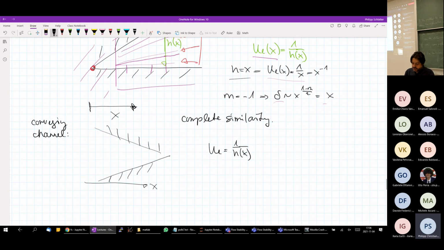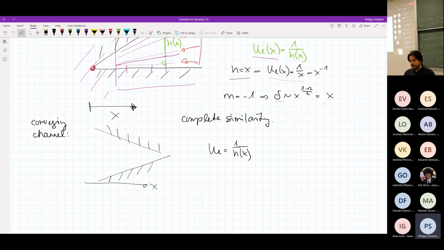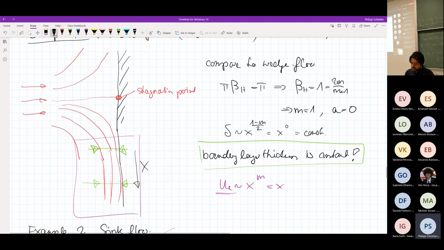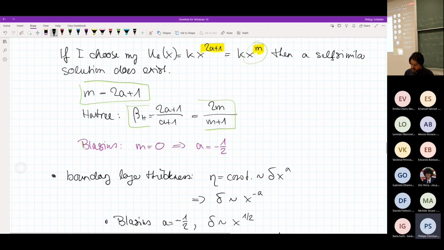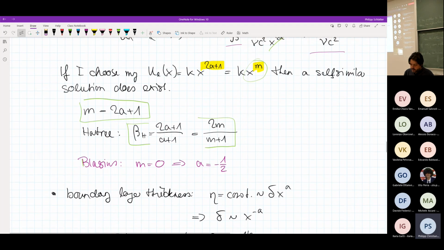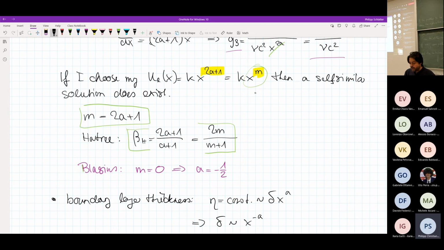Now, in this case, in the converging channel, one potential question could be that you say, well, I would like to have, for instance, m equals 1, which would mean that if we go to the equations, and so your velocity profile would be linearly increasing with that.